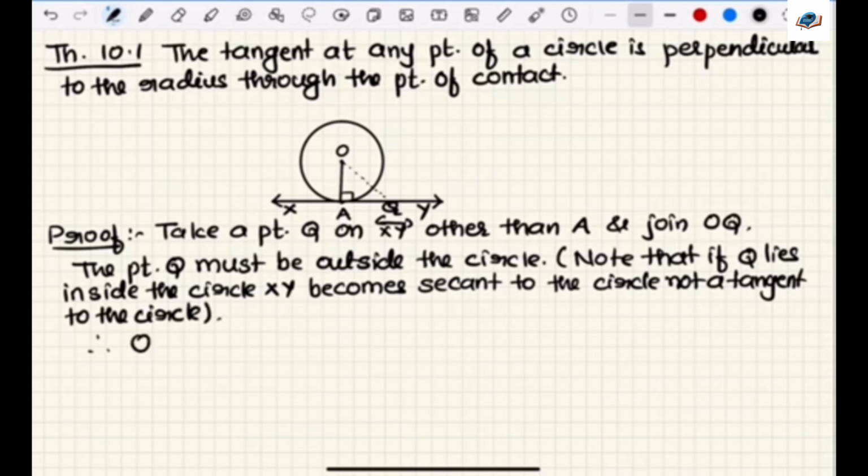So therefore, I can say that OQ will be greater than OA.